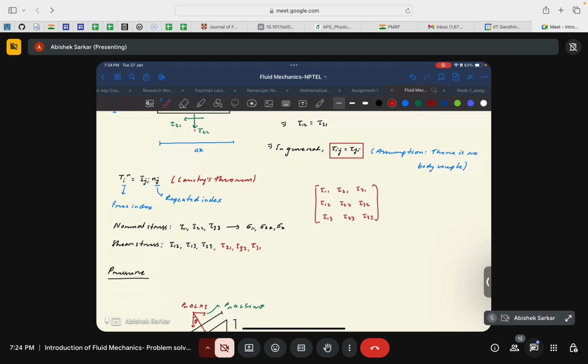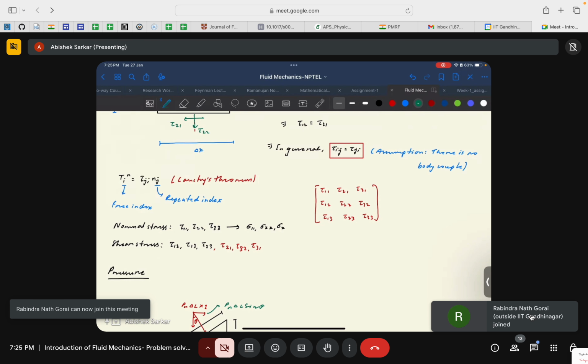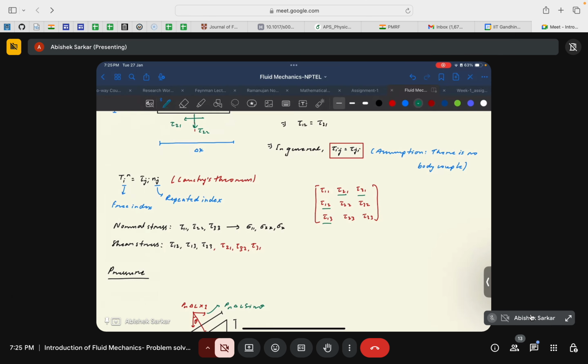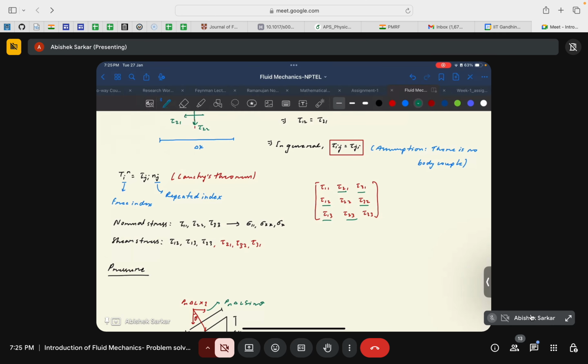But since tau ij is equal to tau ji, components such as this one and this one are equal, correct? This one and this one are equal, and these are equal.